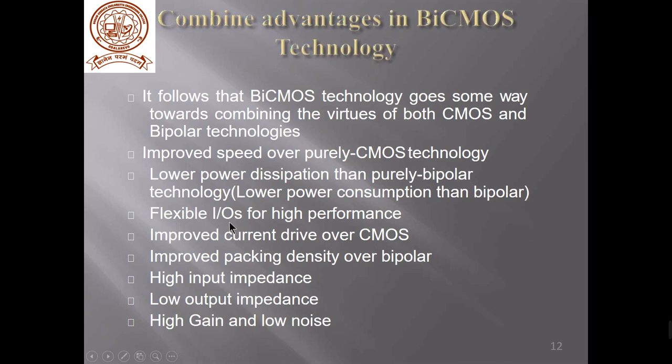It also has flexible I/O for high performance, improved current drive over CMOS, and improved packing density over bipolar, since CMOS has high packing density. It also has high input impedance, low output impedance, high gain and low noise.